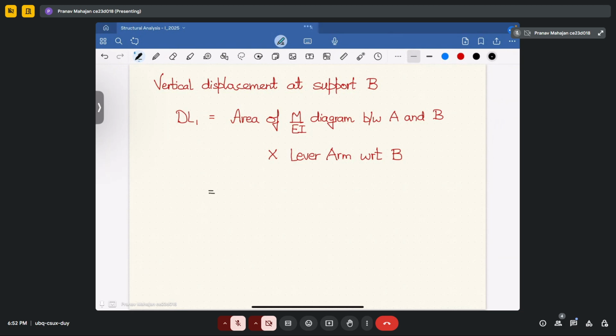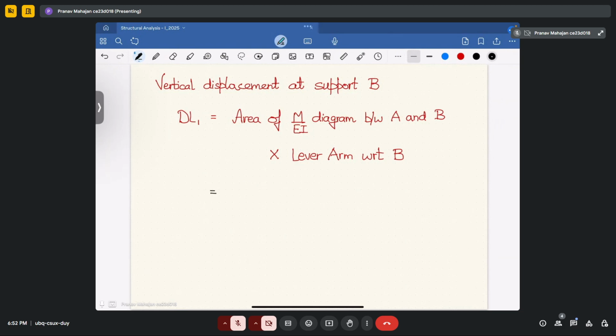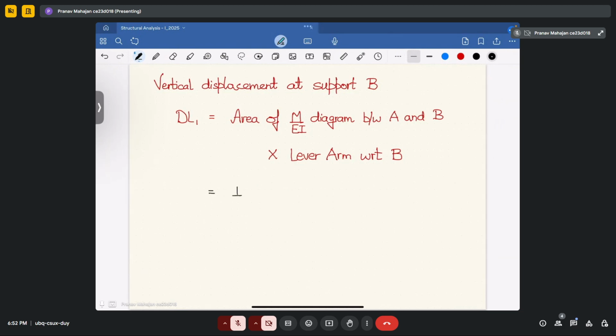So that will become 1 by 2. For the triangle, the length is 6 into 300 upon EI, that is the maximum value of the triangle, and its corresponding lever arm will come out as 6 plus 6 by 3.